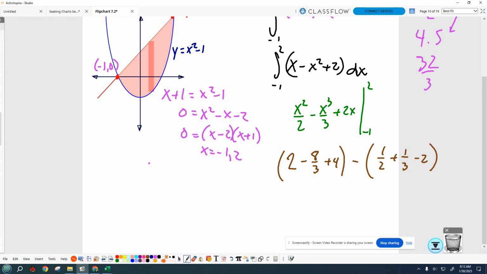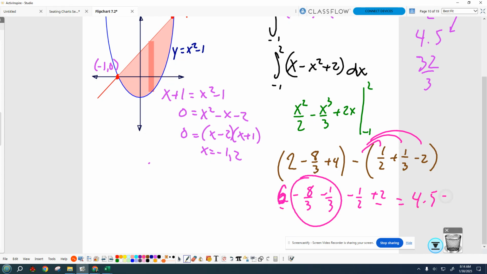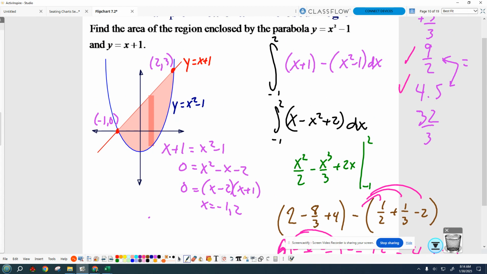You may not leave that mess on my test. I will be like, no, y'all gotta clean that up. Well, 2 plus 4 is 6, and then distributing the negative, subtracting a half, subtracting a third, and adding 2. Roman tells me this is negative 3, so 8 minus 3 is 5, 5 minus a half is 4 halves, which is 9 halves, so I agree with these two.